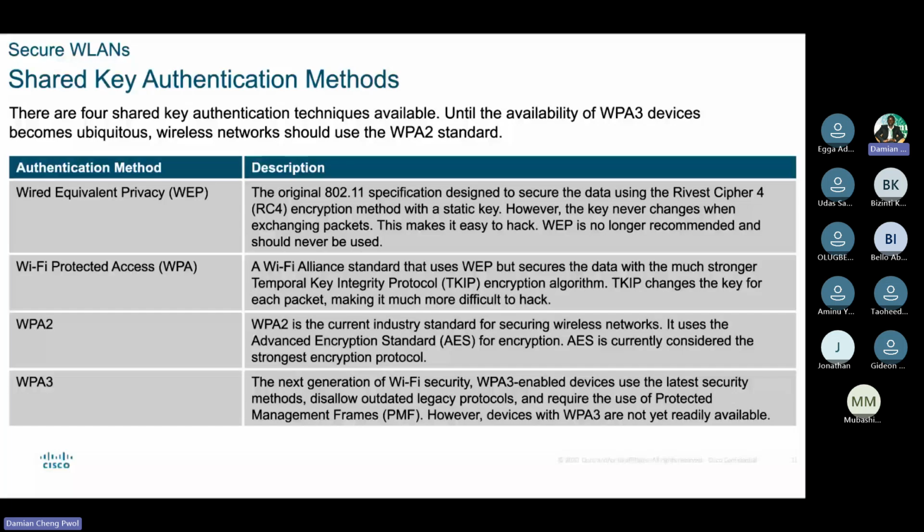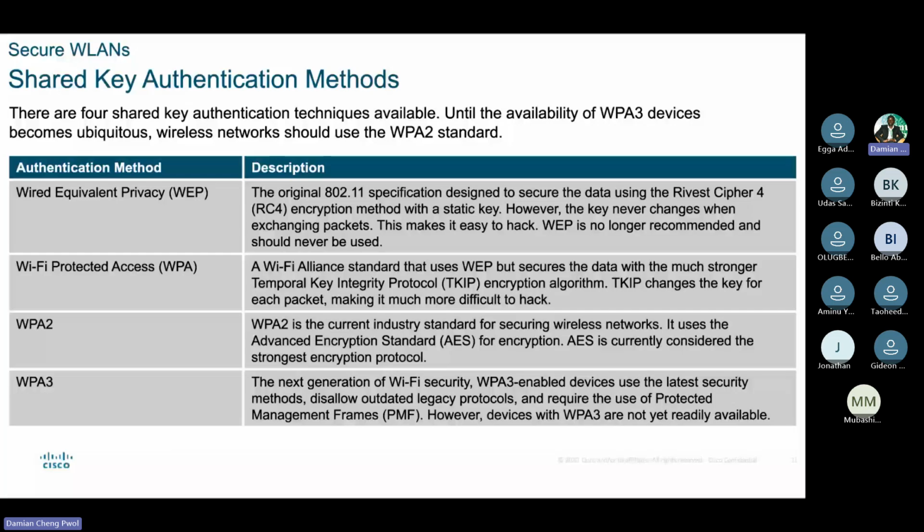So let's look at the first one, WEP, Wired Equivalent Privacy. The original 802.11 specification was designed to secure the data using the RC4 encryption method with a static key. However, the key never changes when exchanging packets.